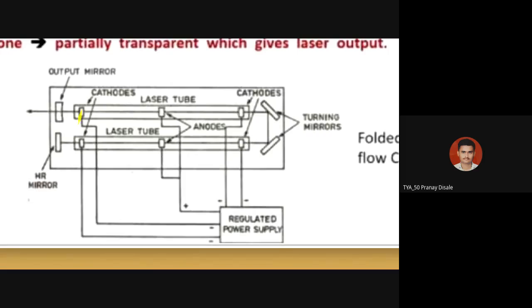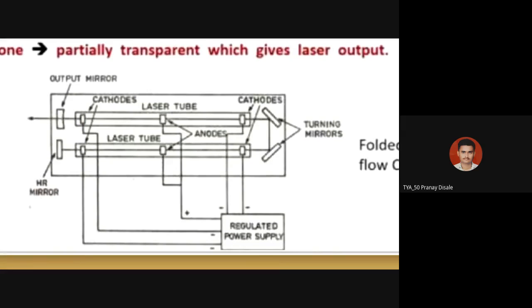I have shown the cathode. In the tube, this is one tube which is filled with gas, maybe CO2 gas. The CO2 gas is in it. In the gas laser tube you can see, at one end a cathode is shown. You can fill that tube with gas, maybe CO2 gas, carbon monoxide, helium gas or nitrogen gas as a lasing gas, and it is filled at a low pressure.